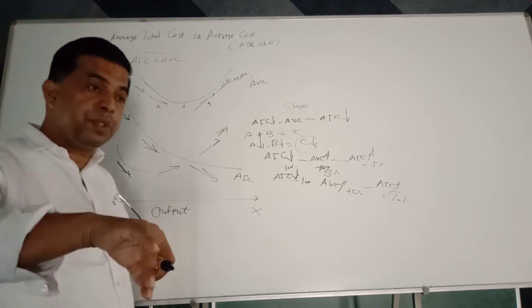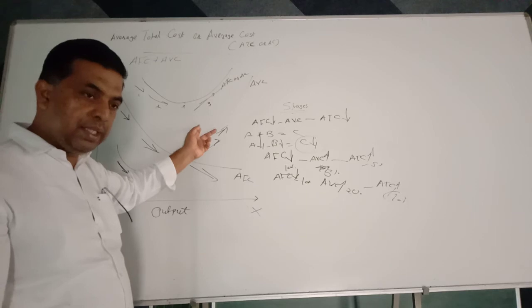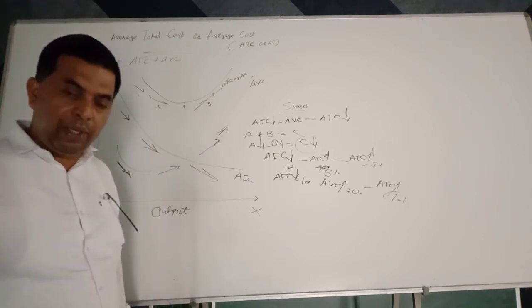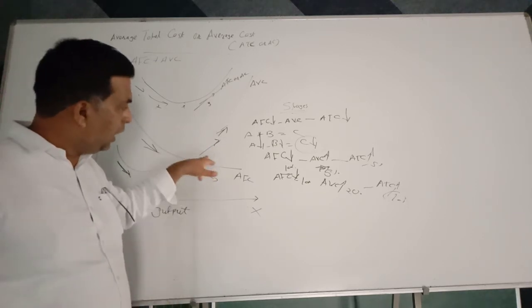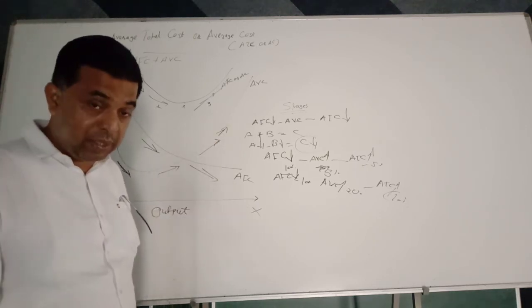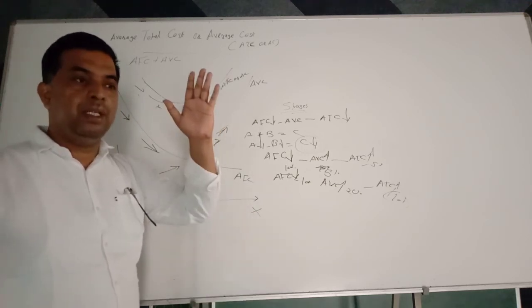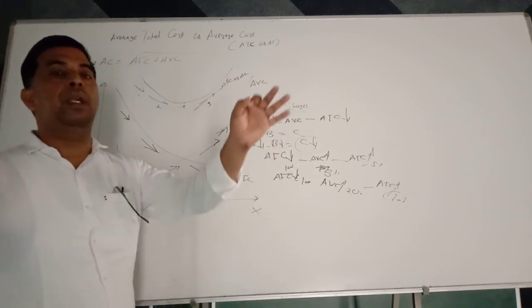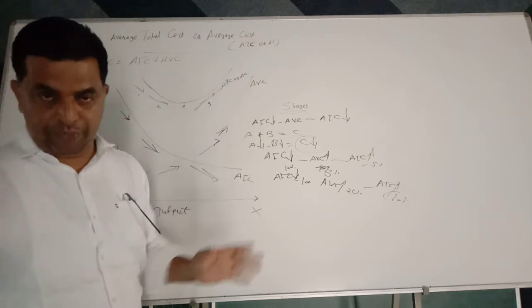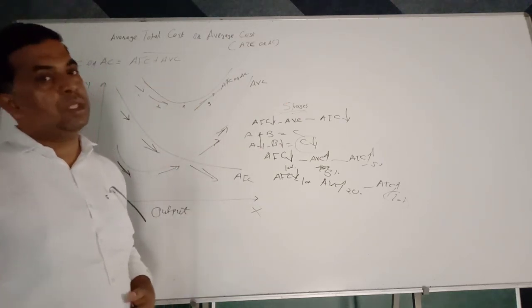Fall in AFC is more than rise in AVC. In the third stage, AFC still falls, AVC rises sharply, ATC will also rise. What is the reason? The reason is that rise in AVC is more than fall in AFC. Okay, so this is the behavior pattern of average total cost.